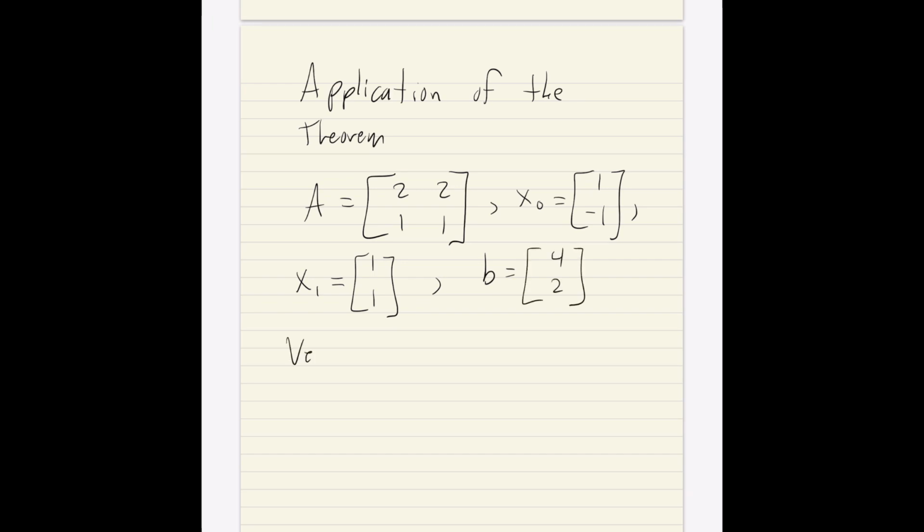So you should verify that A times x naught is equal to 0, and that A times x1 is equal to b. So take 30 seconds of your time, pause the video, and verify that those two things are true.